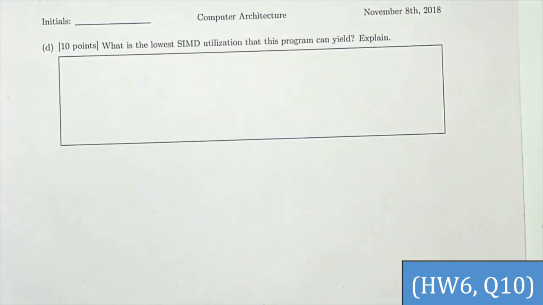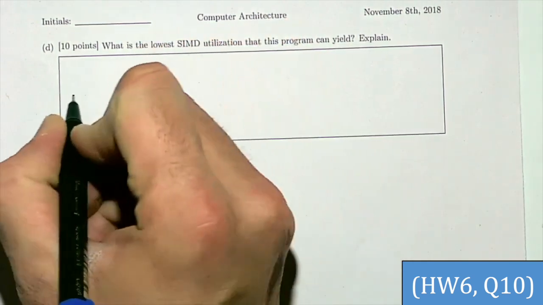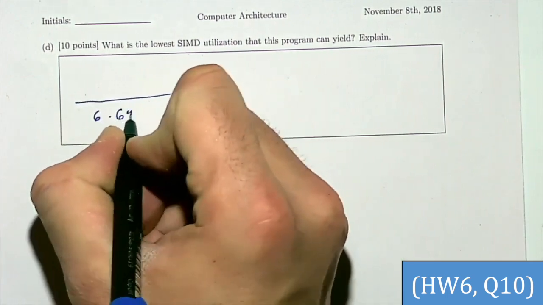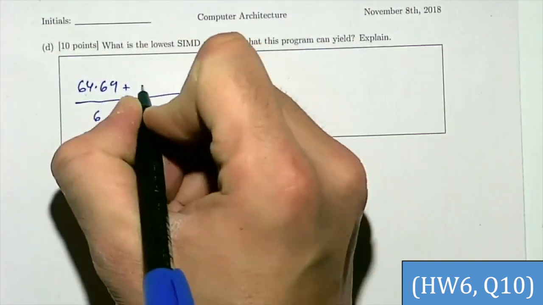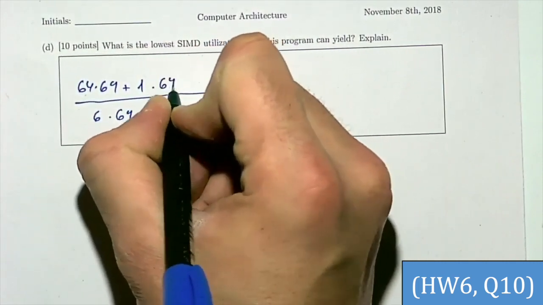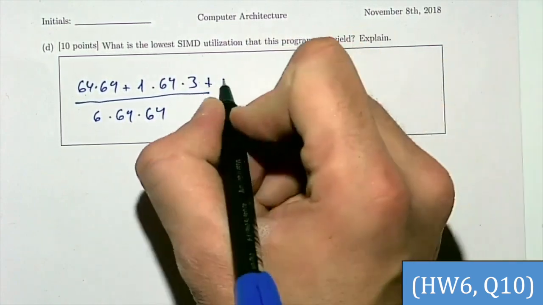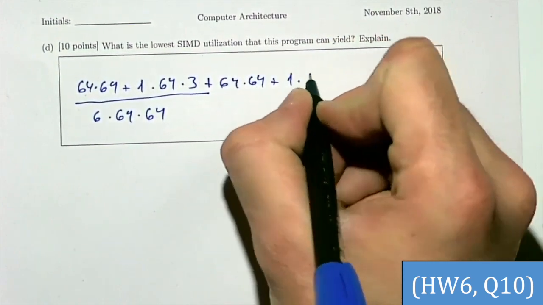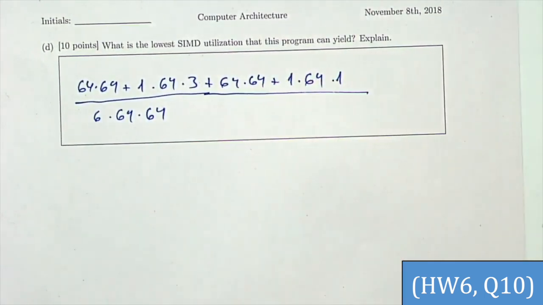And here you could calculate something like, so the way to calculate the actual number would be 6 times 64 times 64. And here 1 times 64 times 3, which is the number of instructions in the first if, and then 64 times 64 plus 1 times 64 times 1, which is the number of instructions in the second if, right?